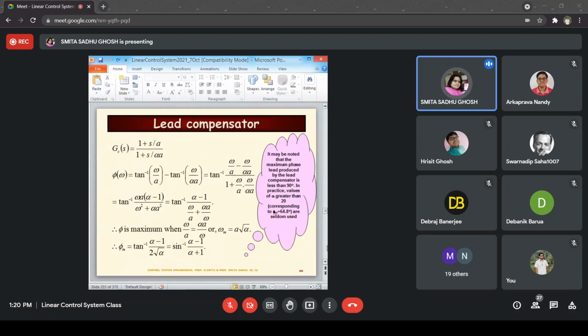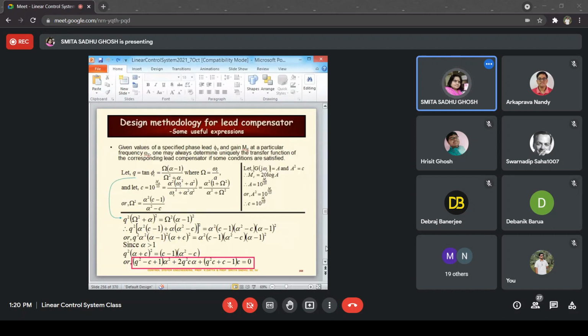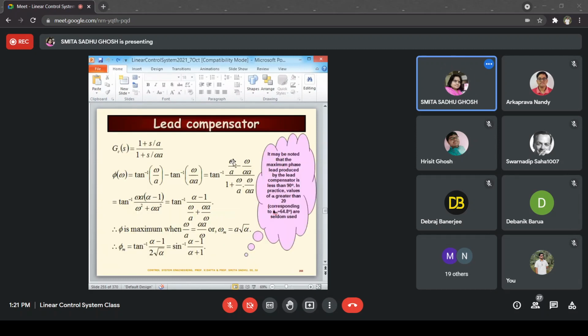So tan of phi c is equal to this. Now another substitution has been made. That is, we've denoted omega c by a as capital omega. From the expression that you obtain from this, tan of phi c is equal to omega c by a minus omega c by alpha a, by 1 plus omega c by a into omega c by alpha a. That's the expression.